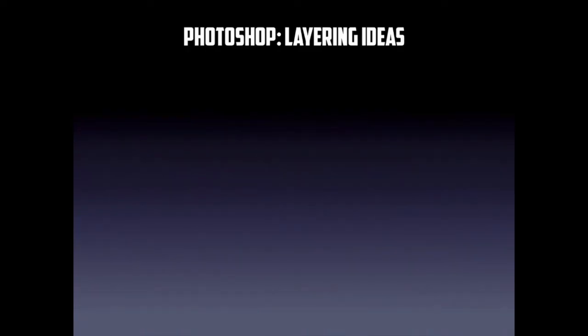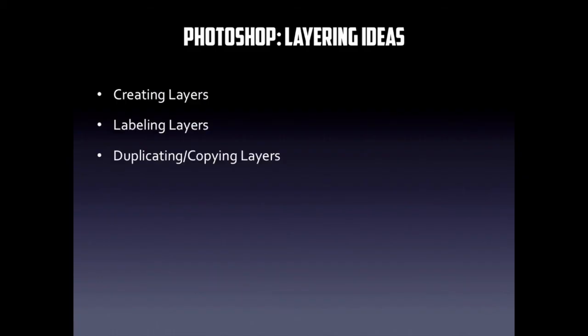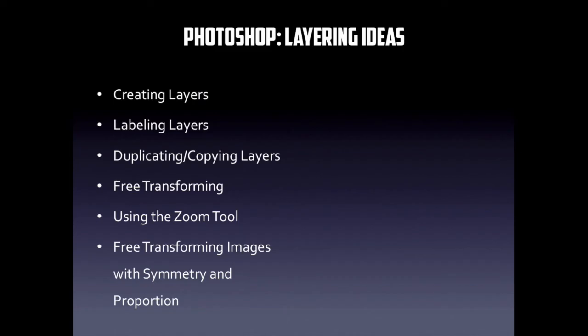Some of the strategies and ideas that we'll look at specifically are creating layers, labeling them, duplicating layers, free transforming, changing the size of things within a layer, using the zoom tool to zoom in and out, free transforming or changing the size of images with symmetry and proportion so that the vertical and the horizontal sizing stays the same. We call that proportional.